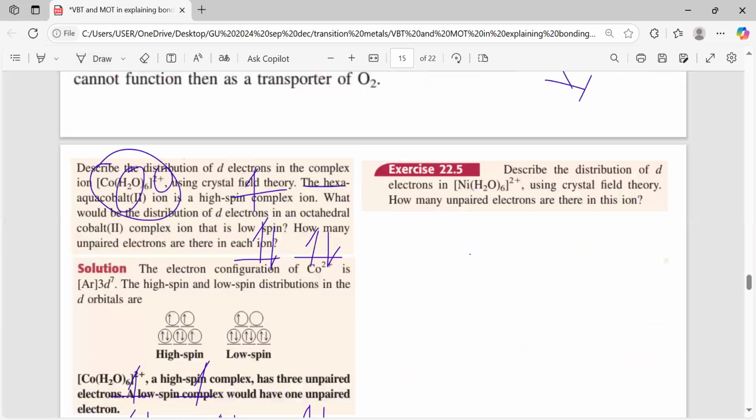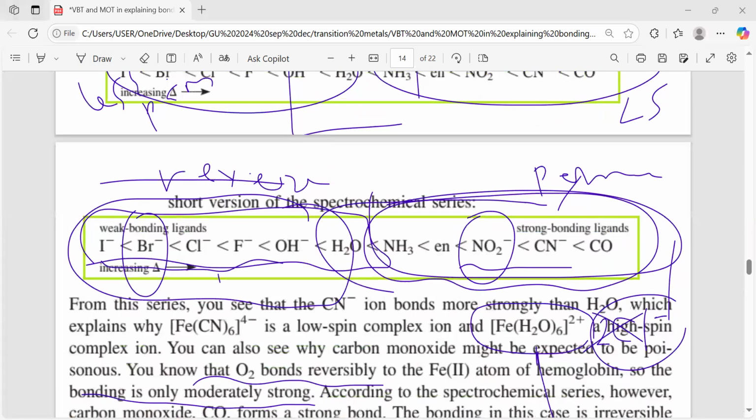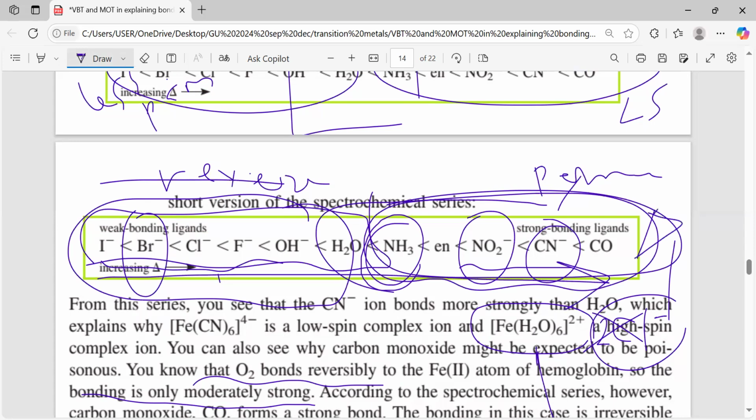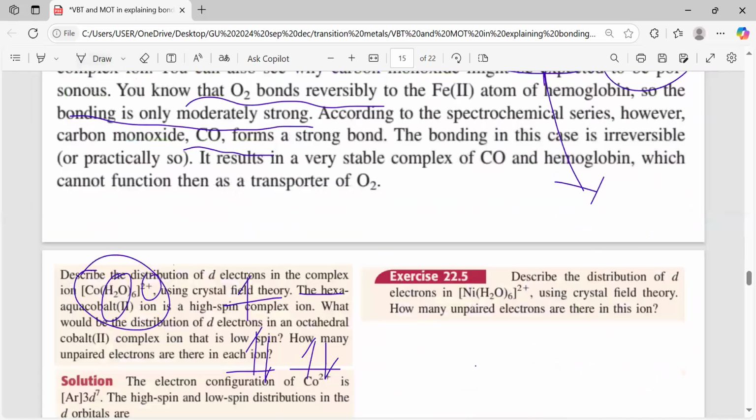We are dealing with ammonia and cyanide, and you can see the increase in split. So their split here is so high that pairing will happen before anything else happens. That is something that we have to keep in mind.